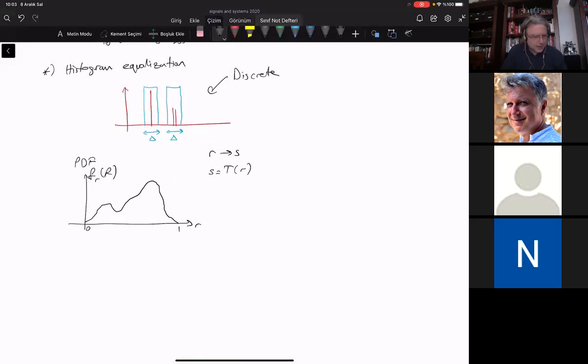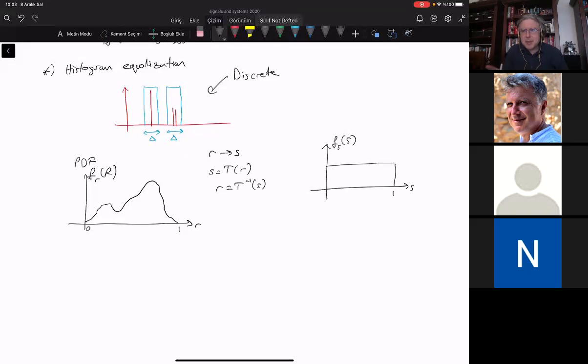Okay? Or R is the inverse function of S, where S has the PDF to be constant. So this is the F_S of S. Okay. So the PDF of S is uniform.